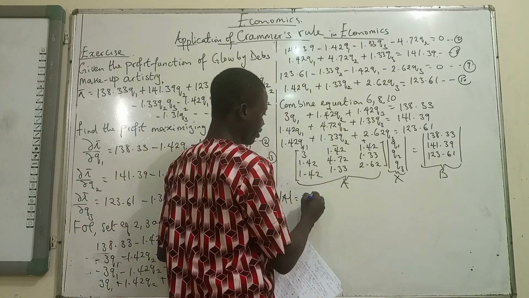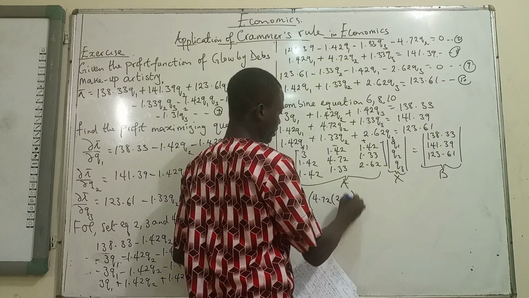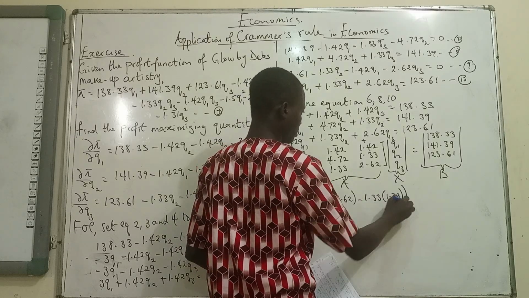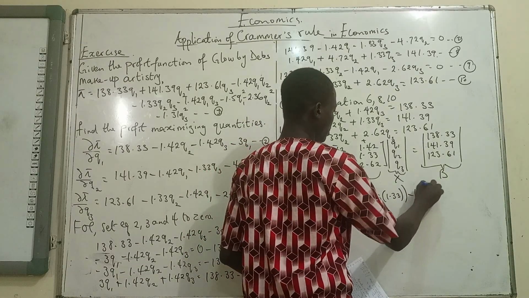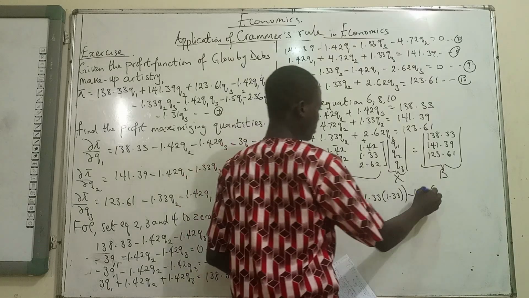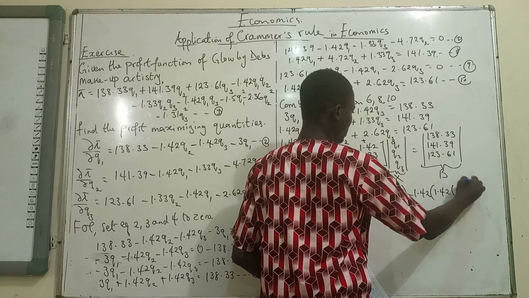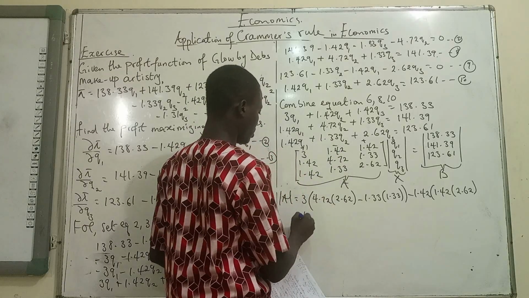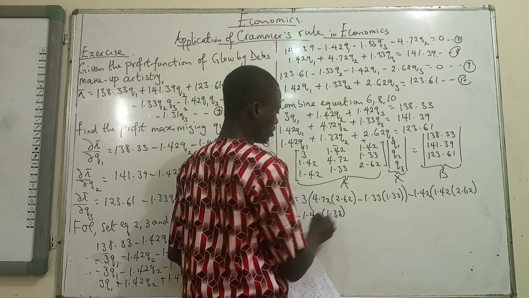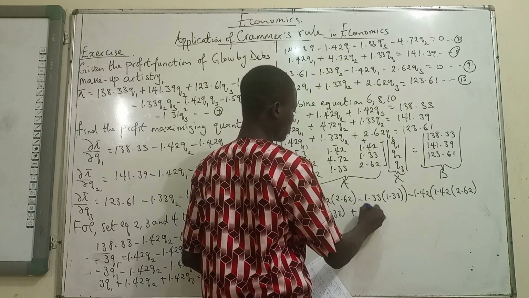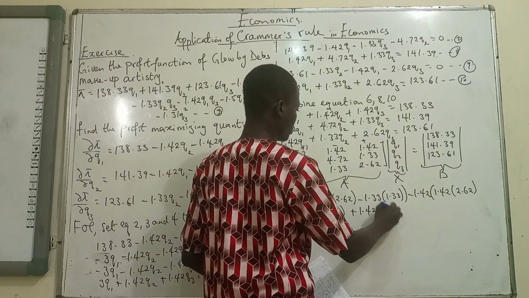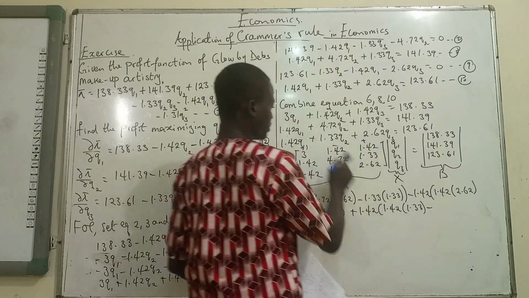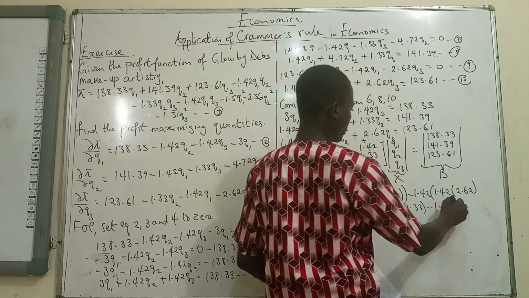We take this out, we have 4.72 into bracket 2.62 minus 1.33 into bracket 1.33, then minus 1.42, open the brackets, we are left with 1.42 into bracket 2.62, then minus 1.42 into bracket 1.33, then plus 1.42 into bracket 1.42 times 1.33, then minus 1.42 times 4.72.